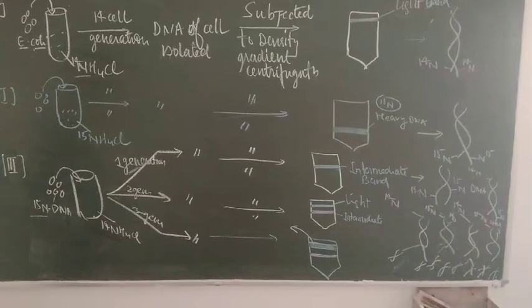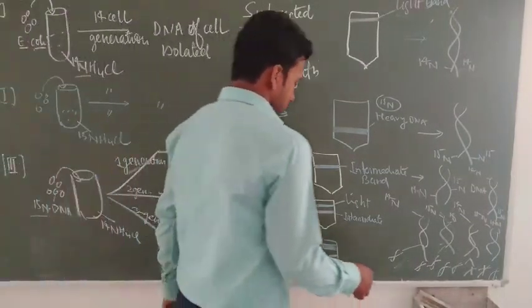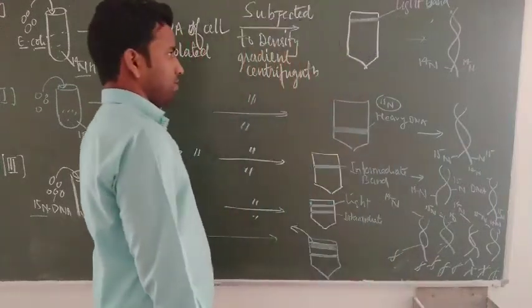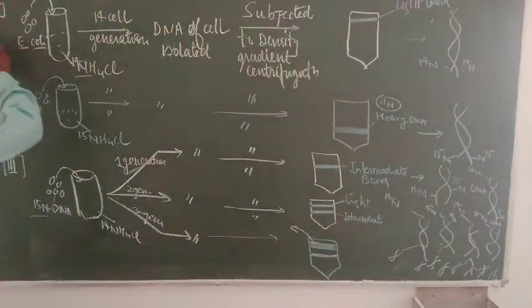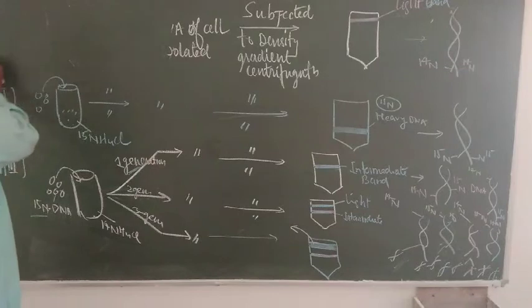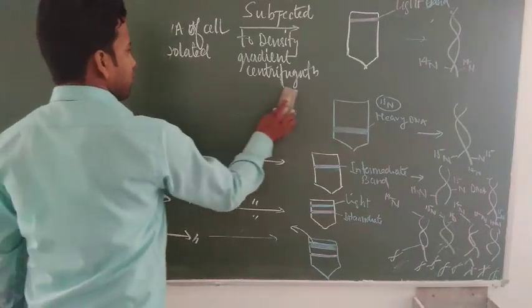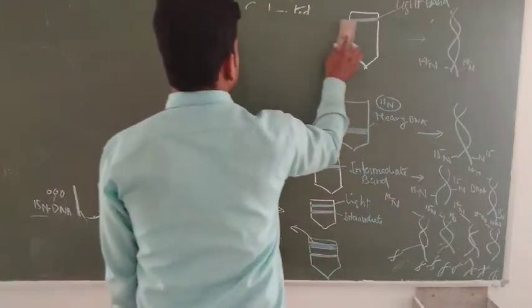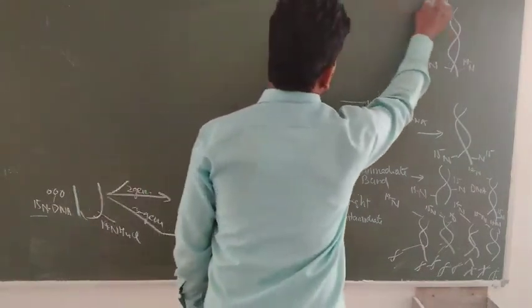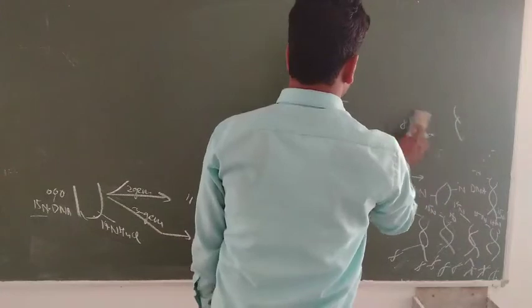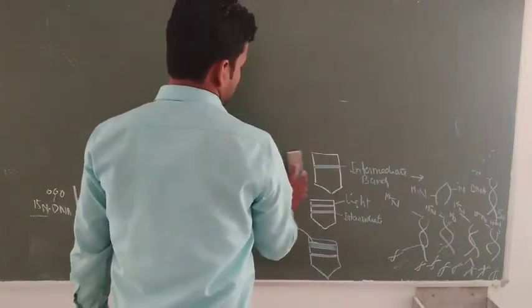Now, another experiment was performed by Taylor, an autoradiography experiment on a plant known as Vicia faba, and he clearly proved that the mode of replication is semi-conservative.